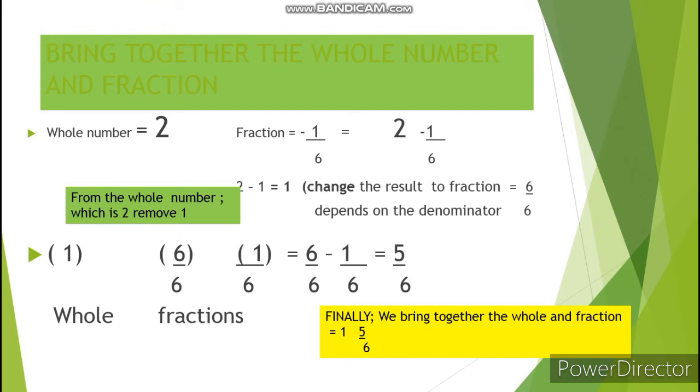If I take 1 from 2, it becomes 1. And that 1, I'm going to change to a fraction. How do I change it to a fraction? I look at the fraction that is given. The denominator is 6. So I'm going to change that 1 to 6 over 6. Can you see it? So we now have 6 over 6 minus 1 over 6.